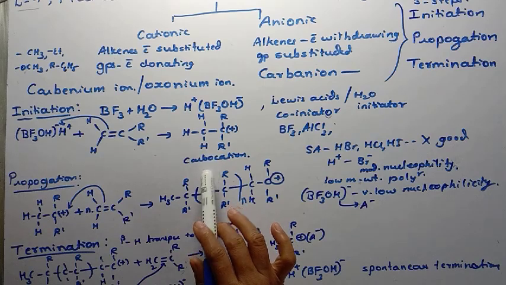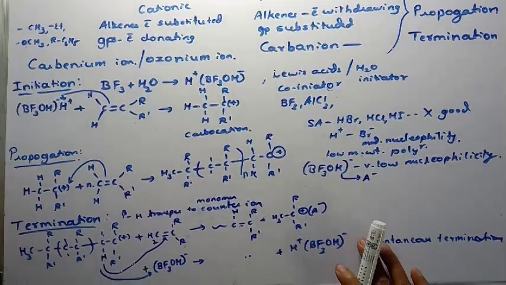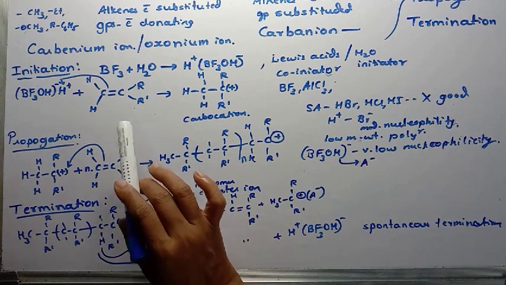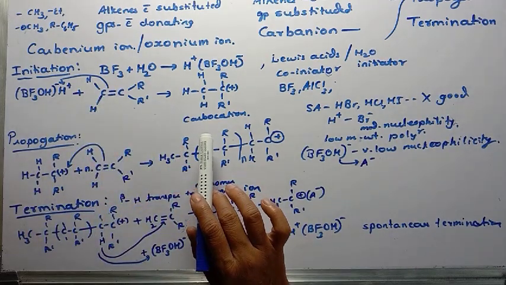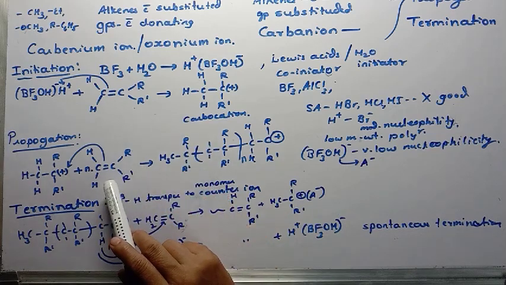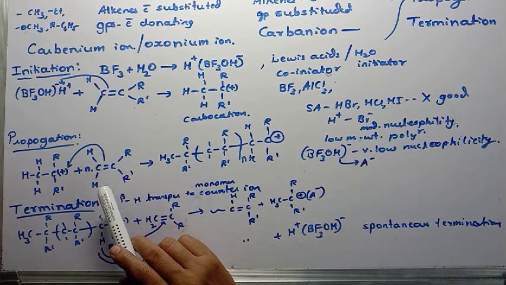When BF3 is taken, we get this adduct, which is the initiator, and it gives an active carbocation species. In the second step, once the carbocation active species is formed, it reacts with a number of monomers.